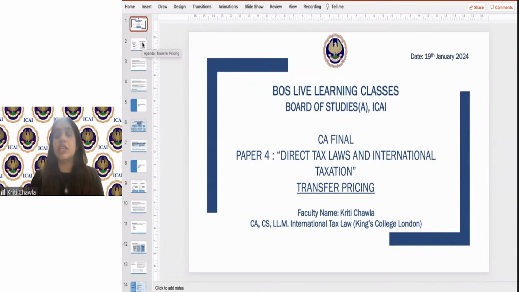That is by virtue of section 92B of the Income Tax Act 1961. And it could be a deemed international transaction also that you have to see side by side. If these two conditions are satisfied, then you will have to make sure that entities are transacting at something called the arm's length price. That basically means you'll have to see what independent enterprises are transacting at, and then make sure that related parties also transact at the same arm's length price. So that is what we discussed in the last lecture.